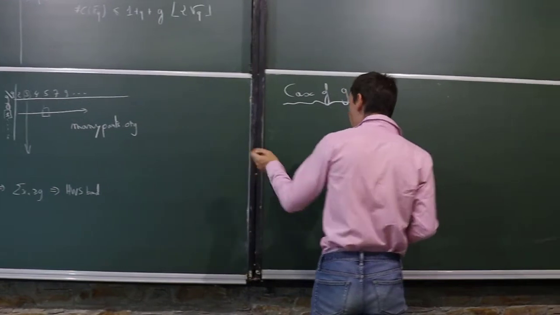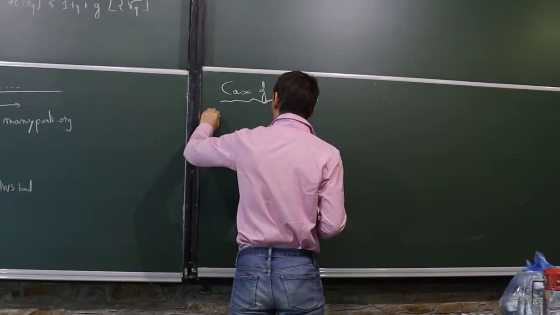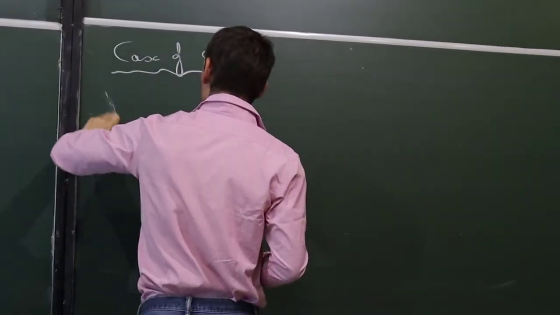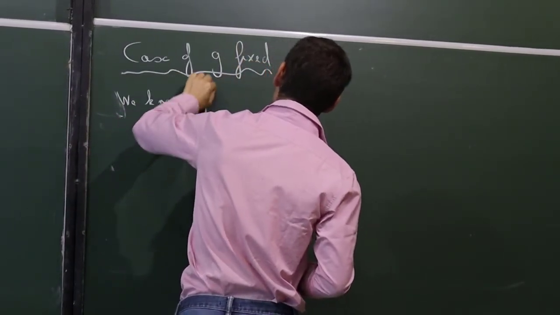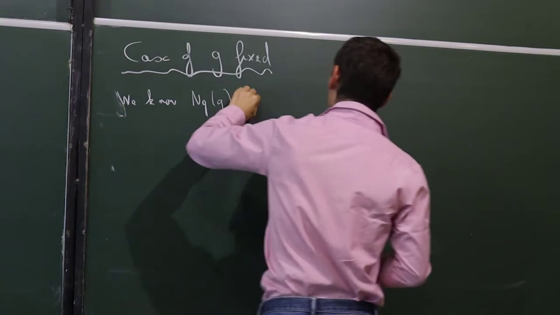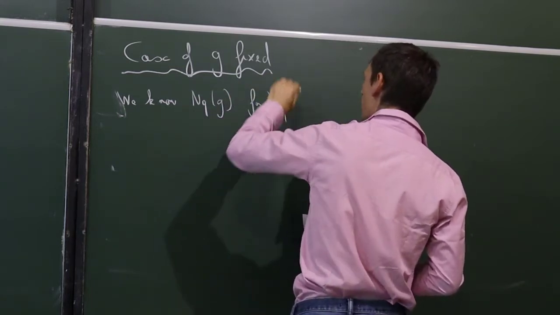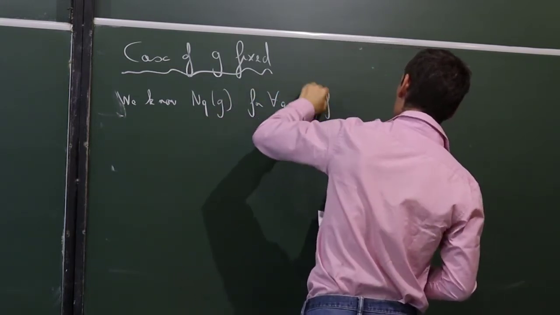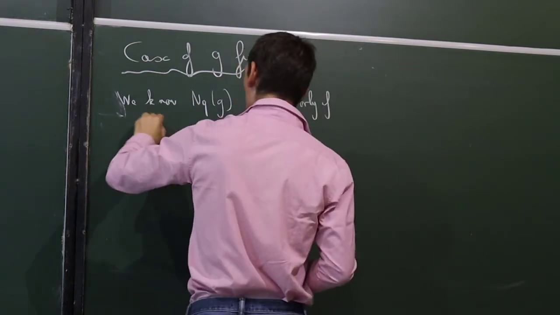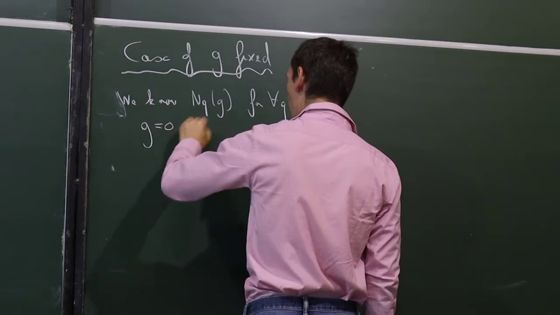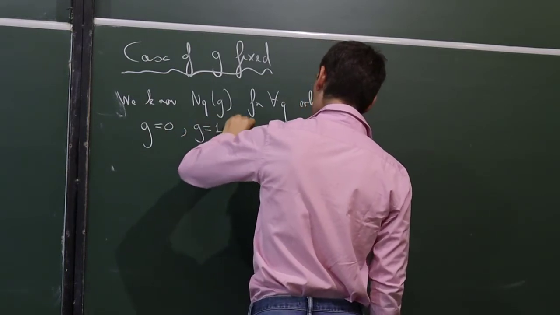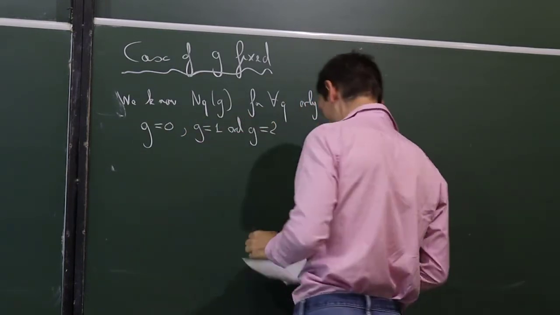Now, the story ends very quickly because we know N_q(g) for all q only if g equals 0, where it is q plus 1, g equal 1, and g equal 2.